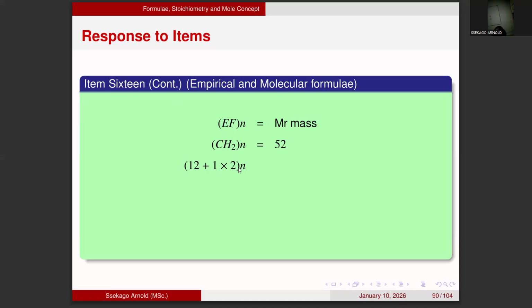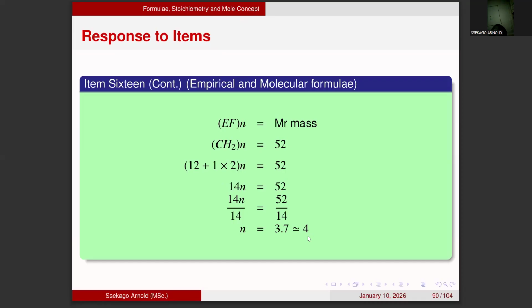So we have (12 times 1 plus 1 times 2) times n equals 52. Calculating this, we obtain 14n equals 52, and dividing both sides by 14, we obtain n as 3.7. This can be rounded off to the nearest whole number to obtain 4.